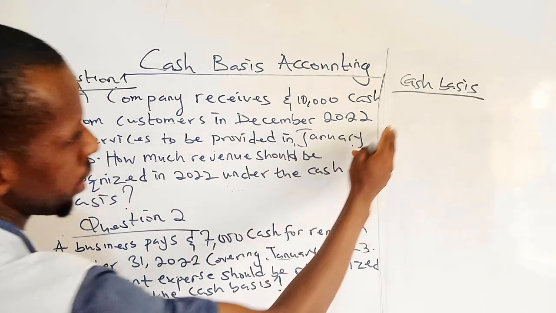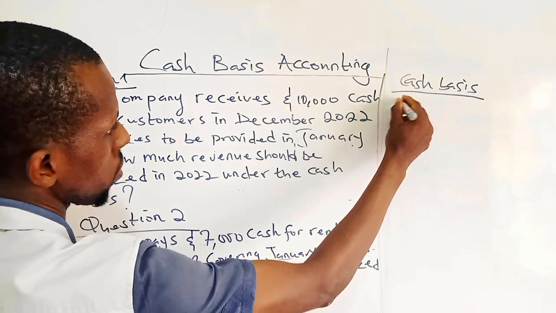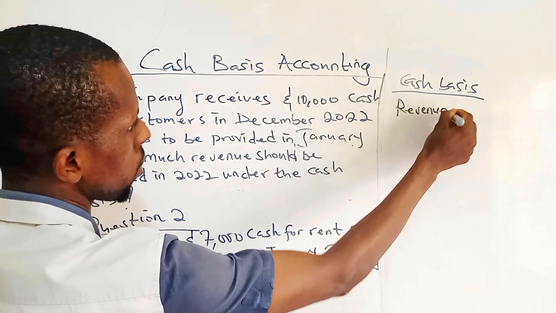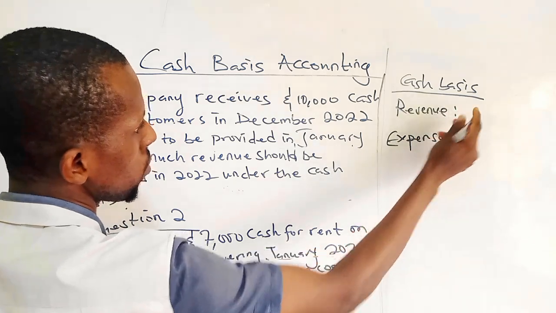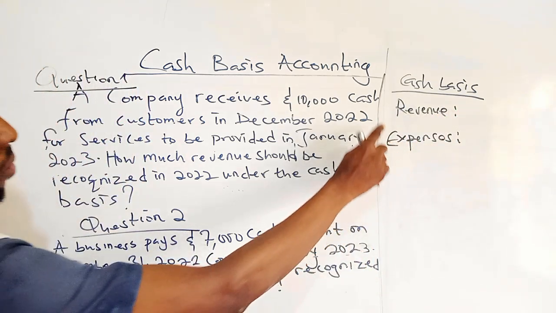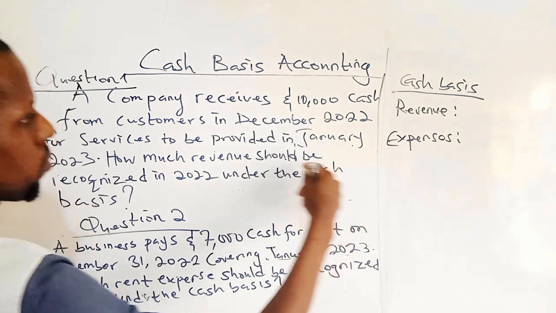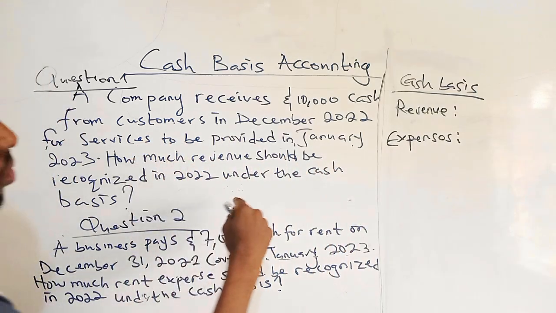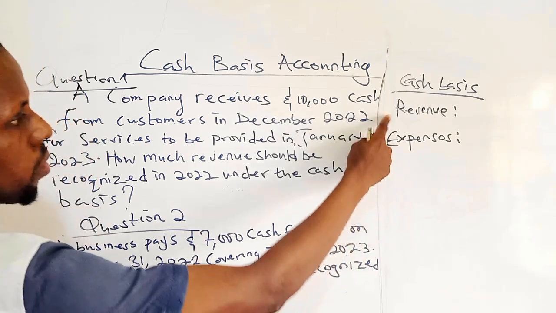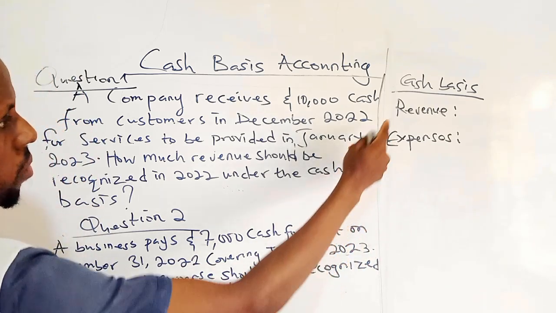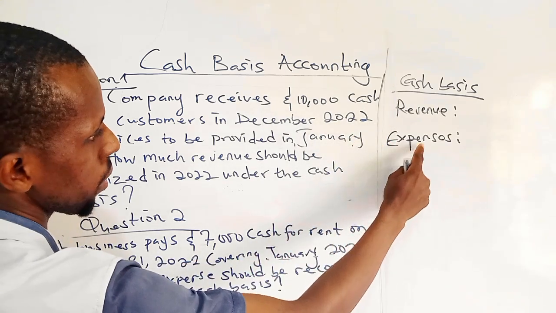We look at two underlying terms, which are revenue and expenses. So how do we treat revenue and expenses under cash basis accounting? Cash basis accounting is a system of accounting where revenue and expenses are recognized when cash is received and when cash is paid.